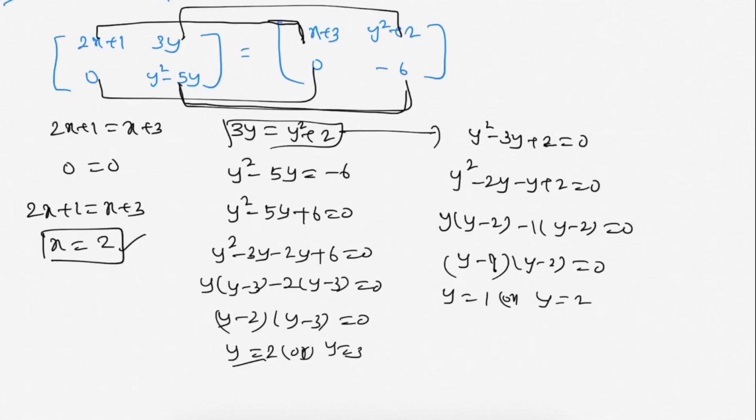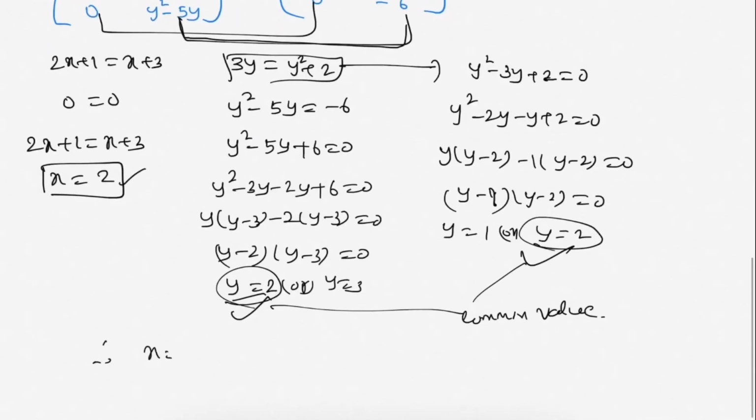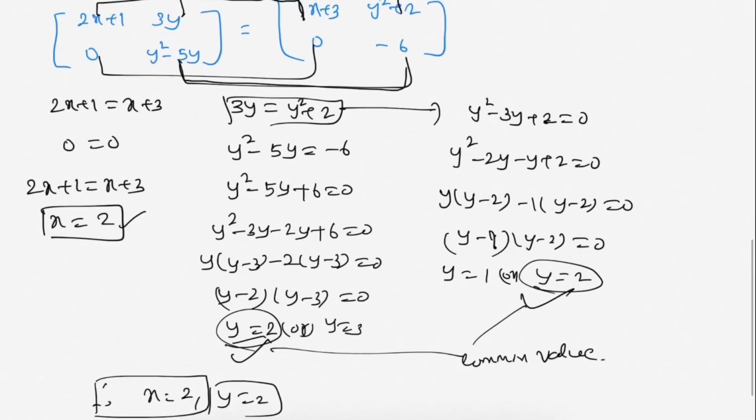So we have to take the common value only. Therefore, x equal to 2, y equal to 2. This is how simply we can solve the problems of equality of the matrices.